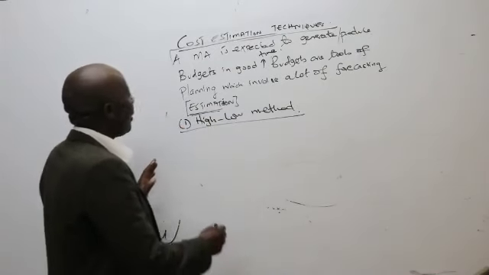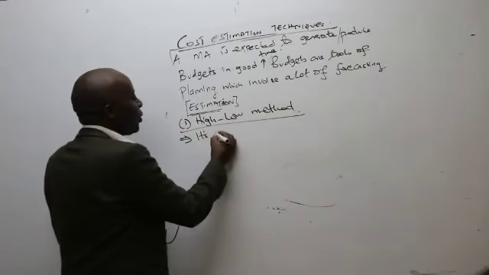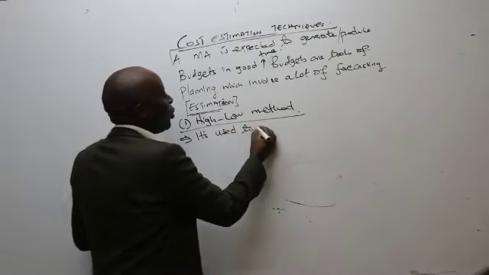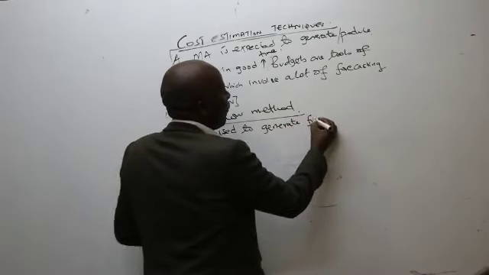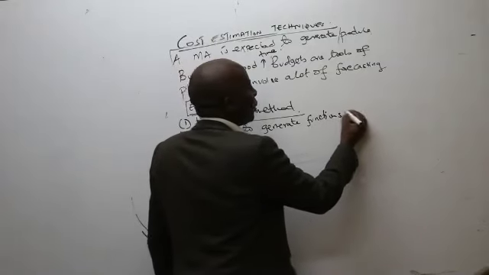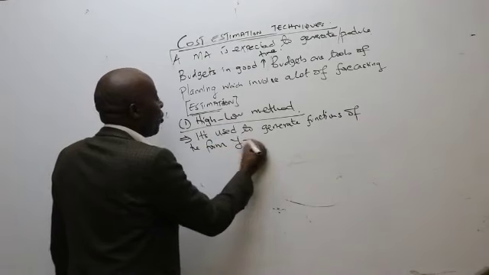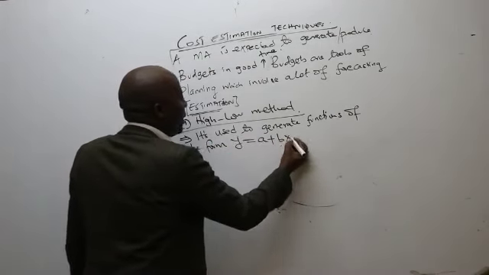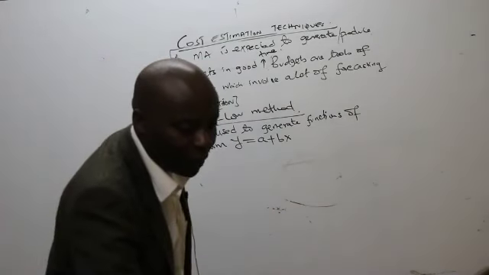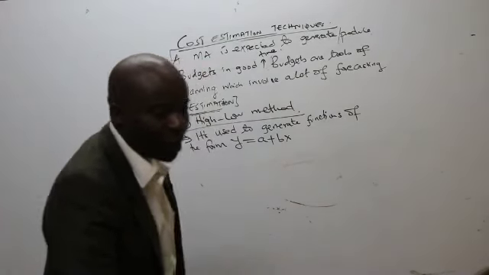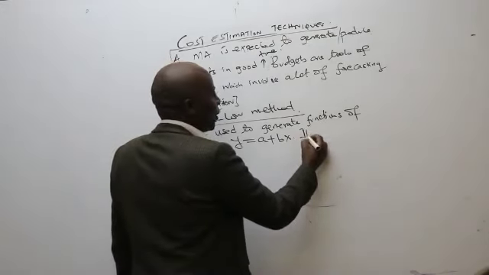So this high-low method, ladies and gentlemen, is a method that is used to generate functions of the form y equals a plus bx.